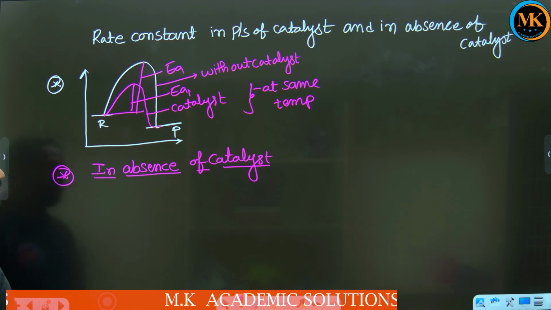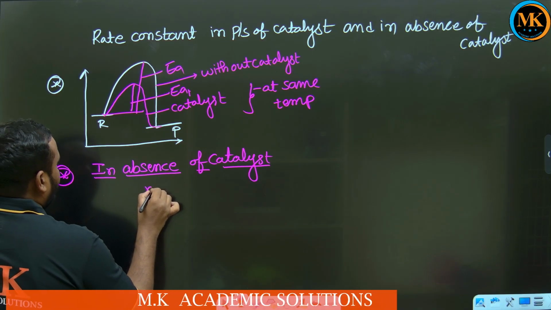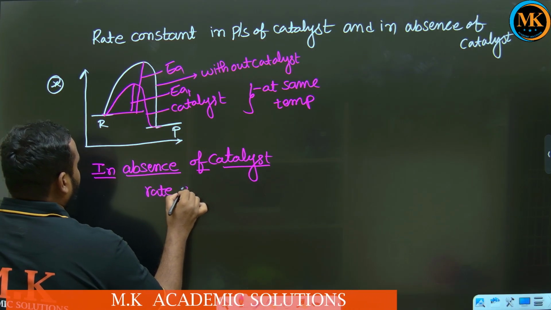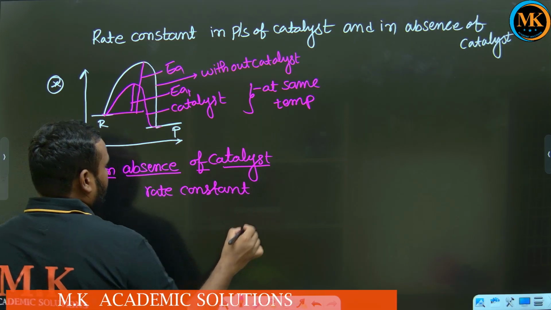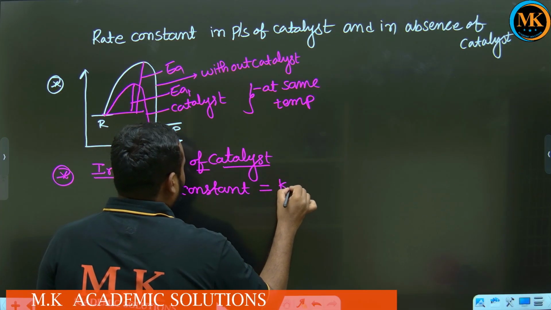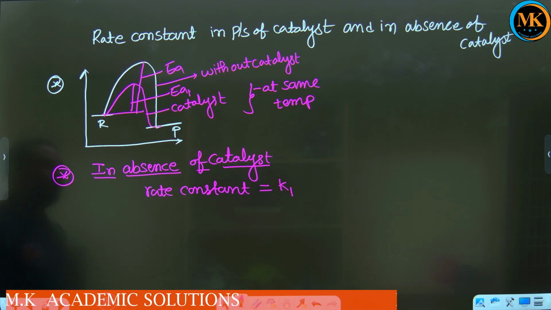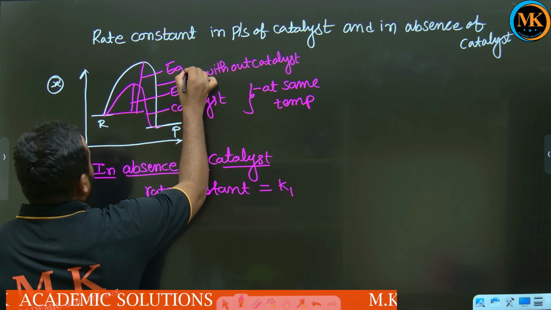In absence of catalyst, rate constant you consider as K1 and activation energy you consider as EA1.